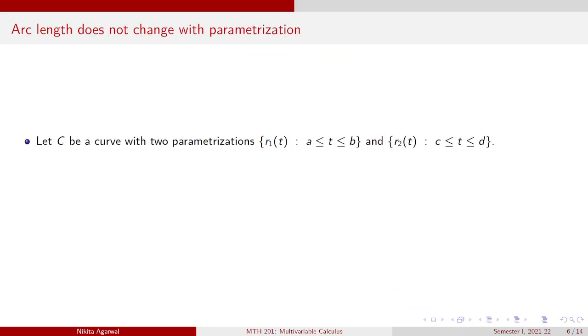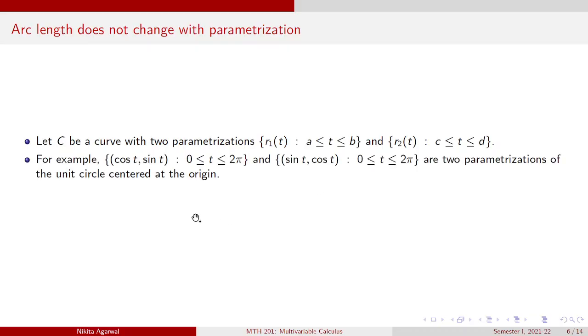Now, in this slide I'm going to make an important remark. Actually it's a result without proof. Let C be a curve which has two parameterizations, r1 and r2. For example, a unit circle centered at the origin has two parameterizations: one is (cos t, sin t) where t varies from 0 to 2 pi, and the other is (sin t, cos t) where t varies from 0 to 2 pi.